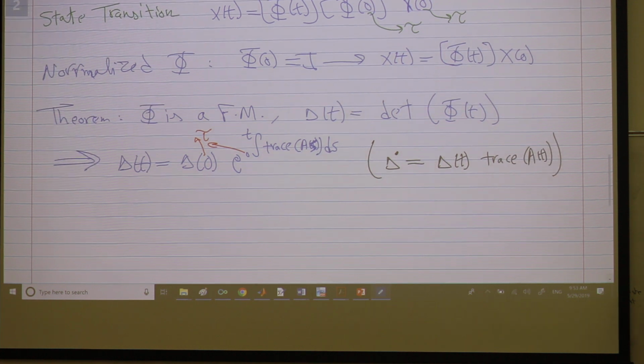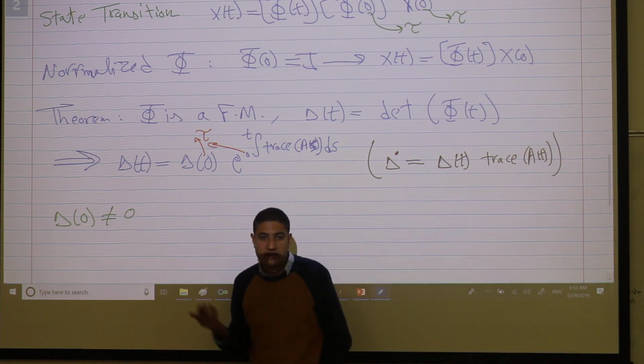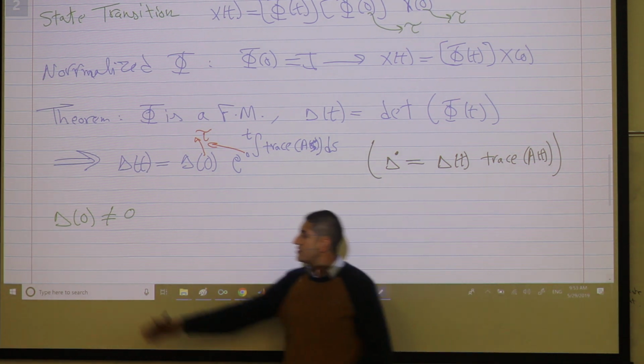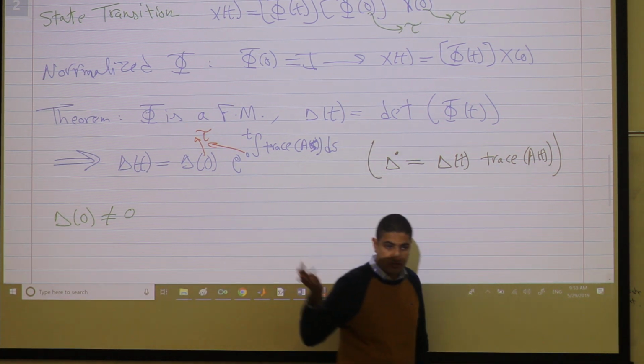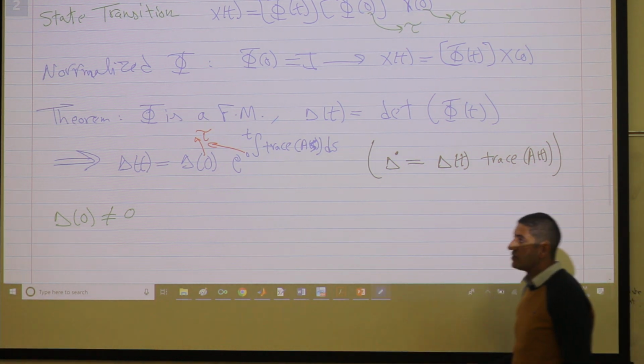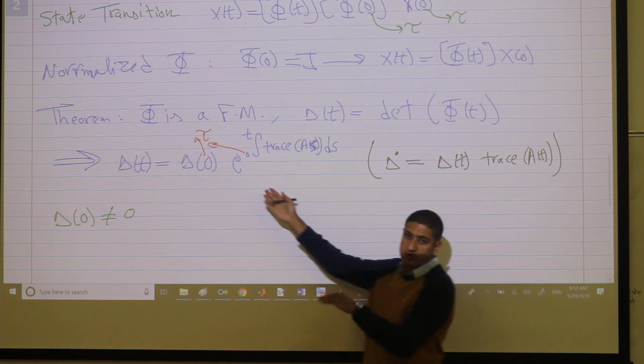What you're trying to say here is that if delta of 0 is not 0, where delta is the determinant, and the matrix initially is the identity or comprised of any independent vectors, so the determinant of course is not 0, we might worry that as we simulate, the matrix loses its rank. But this equation says that this will not happen, right?